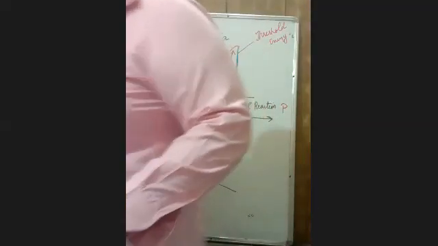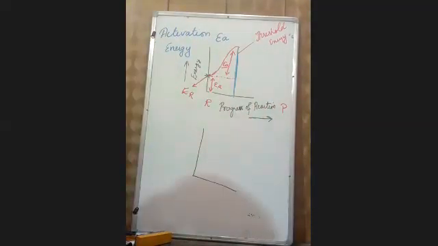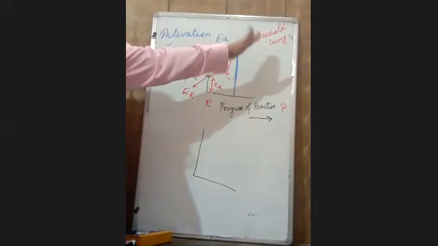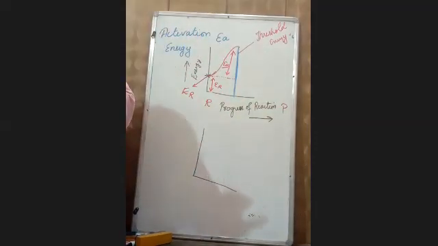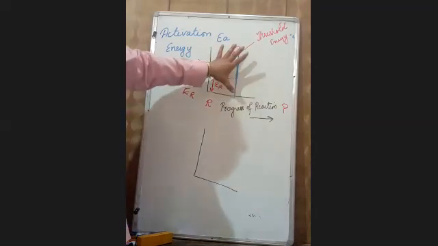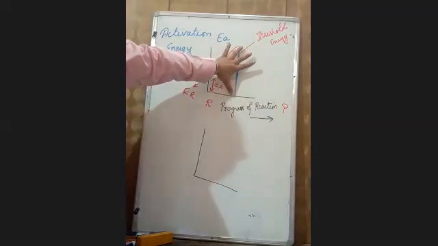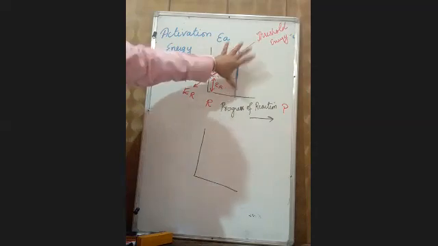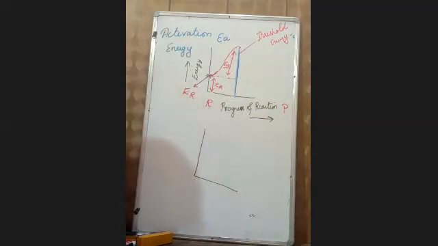So, what is threshold energy? The minimum energy which the colliding molecules must have in order that the collision between them may be effective. Dear students, if reactant molecules do not have this threshold energy, they will not be converted into product.